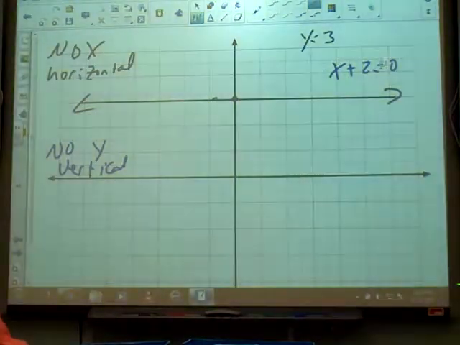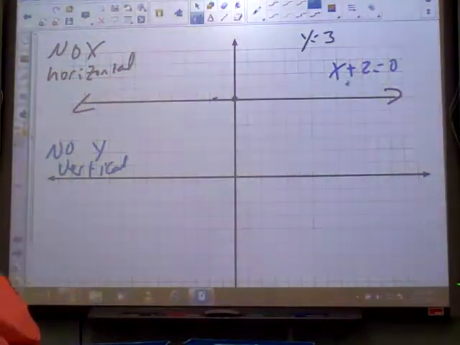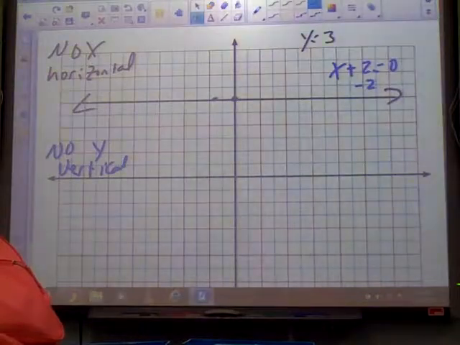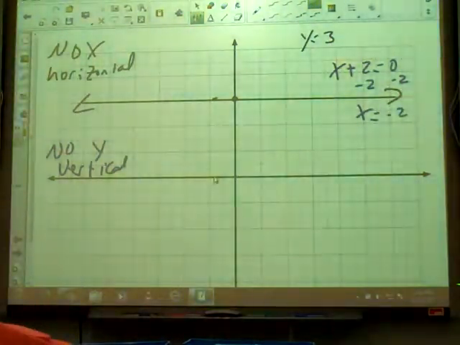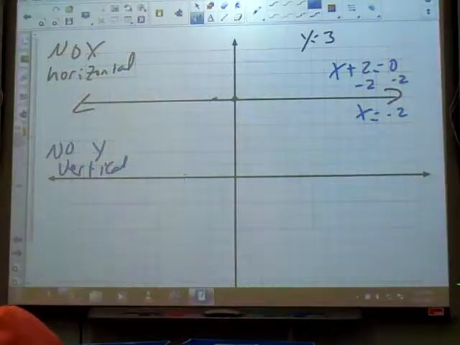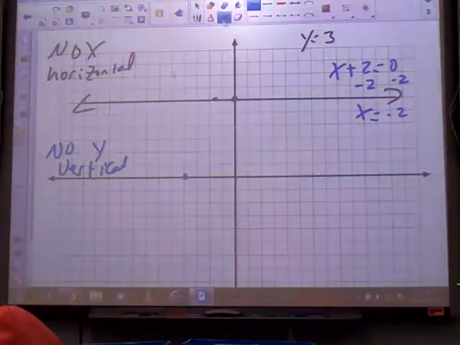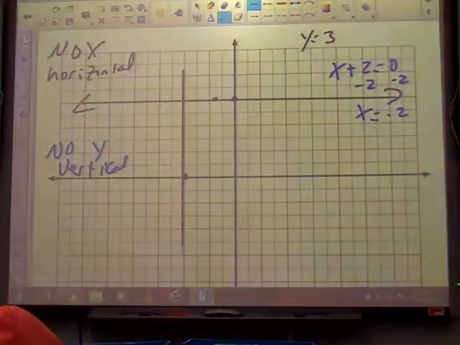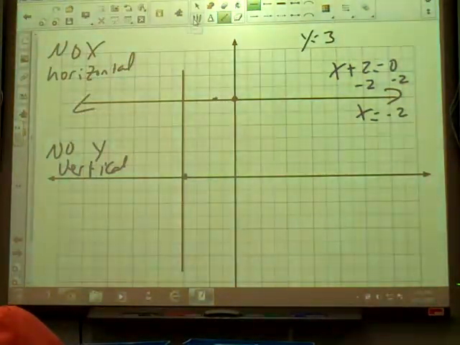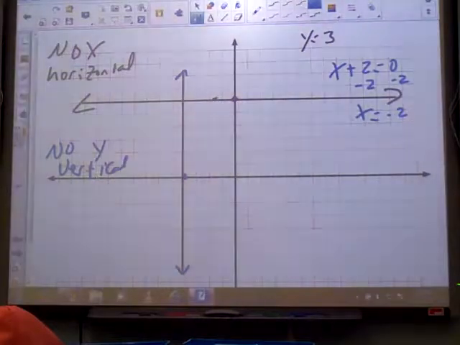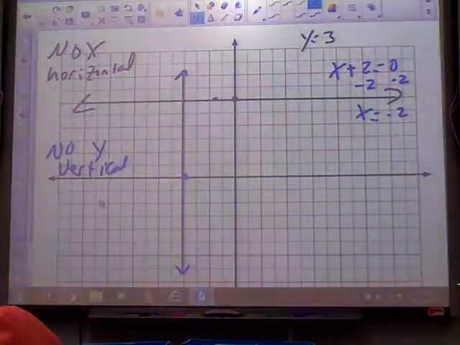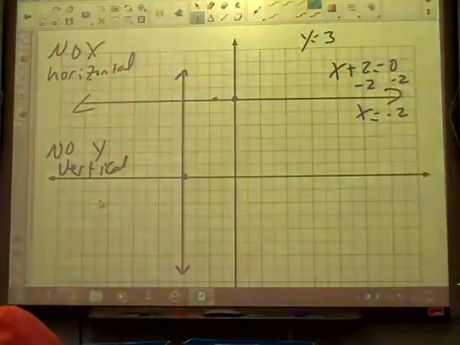What do I need to do to this thing? Subtract 2. Good. I need to go ahead and solve it. Very good, Zane and Kaylee. So it's going to give me x is negative 2. It'll be a vertical line through negative 2. Okay? So you might want to make those notes over there about when it's horizontal and when it's vertical.